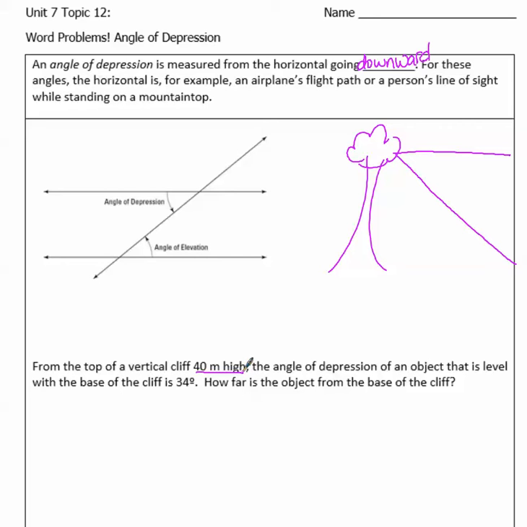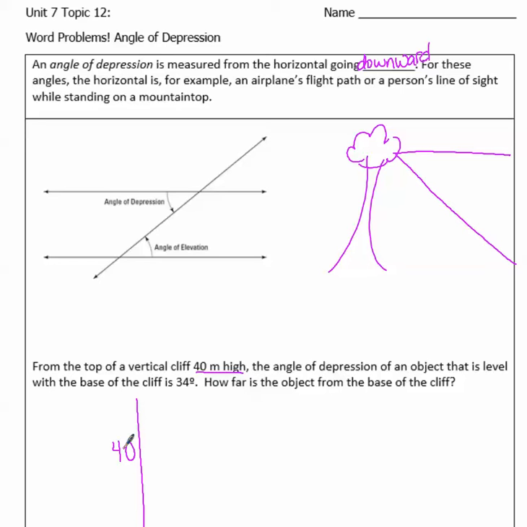We want to take a second and think about what's going on. Something I know for sure is there's a vertical cliff that is 40 meters high, and I'm looking at angle of depression, which is going downward.